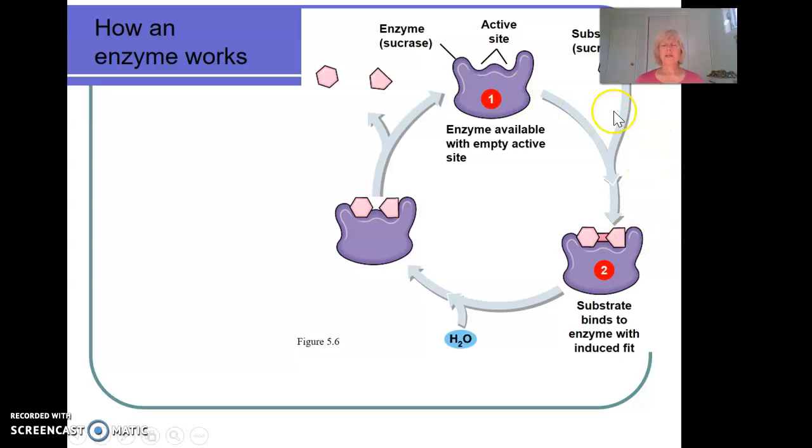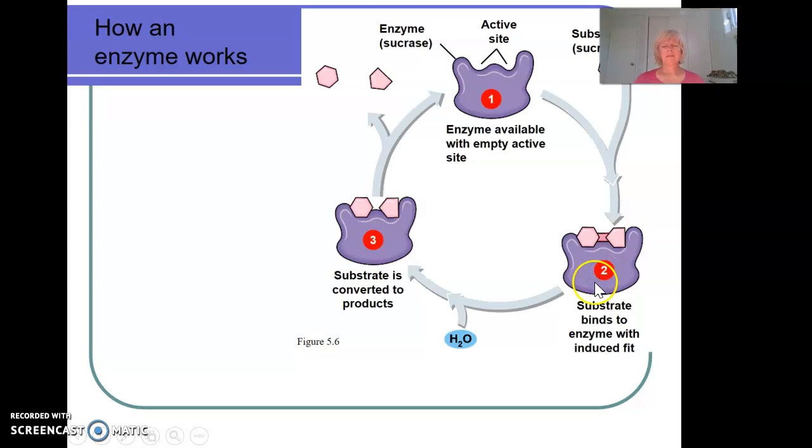And we can see in number 2 how the sucrose molecule fits into the active site of the sucrase. So it binds into the enzyme with induced fit, and this is called the enzyme substrate complex. So it forms an enzyme substrate complex.